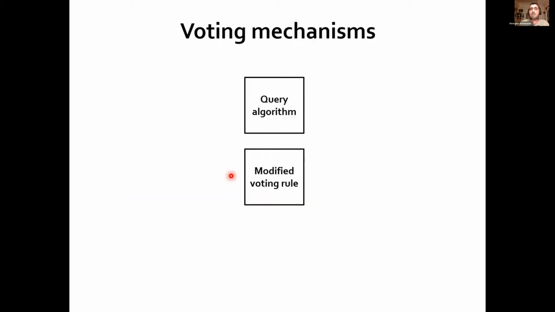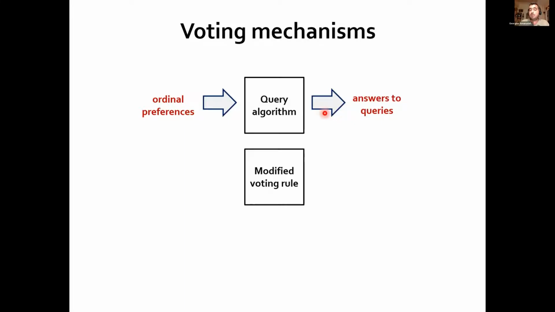So let's see what our voting mechanisms look like. We can decompose our mechanisms into two kind of independent parts. The first part is a query algorithm that takes as input the ordinal preferences and decides who to ask and for what, and gets back a bunch of answers to a bunch of queries.